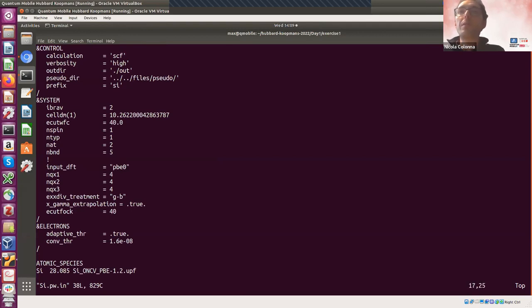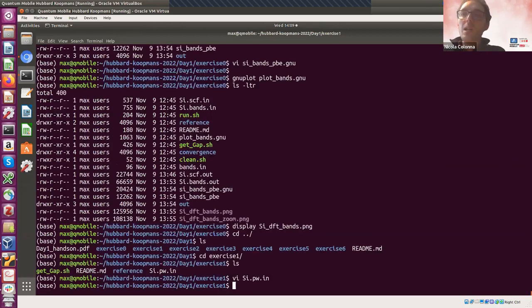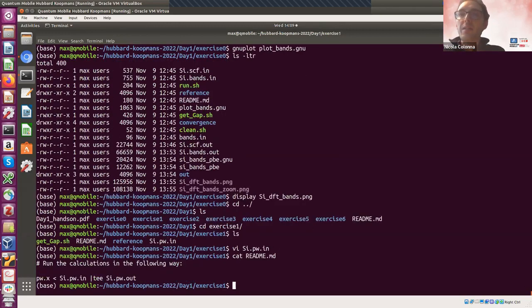Here we want to do a PBE0 calculation. We use, as we saw, a reduced q point mesh that is 4, 4, 4. So we don't go for the 12 by 12 by 12, essentially thanks to this Gygi-Baldereschi scheme, and we use the ecutfock equal to 40. And then again, everything is pretty much the same as we already saw.